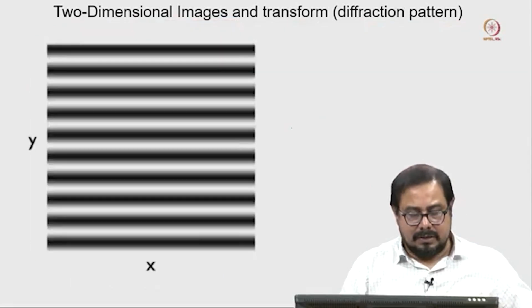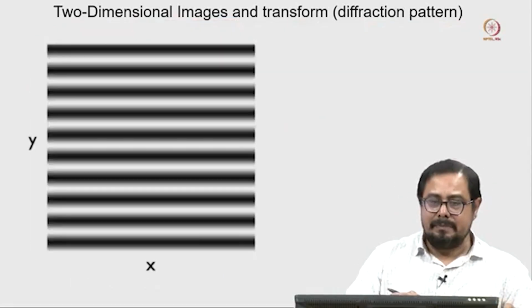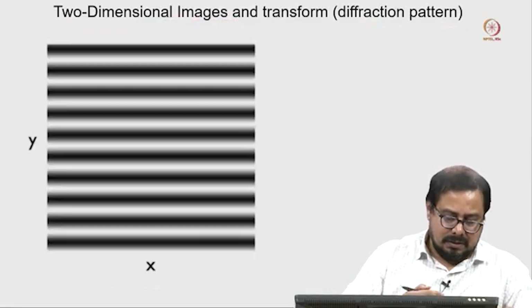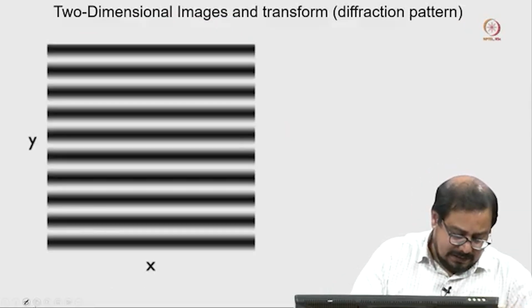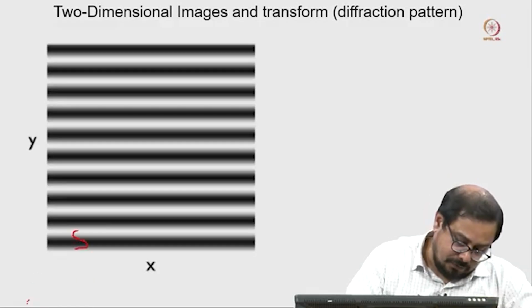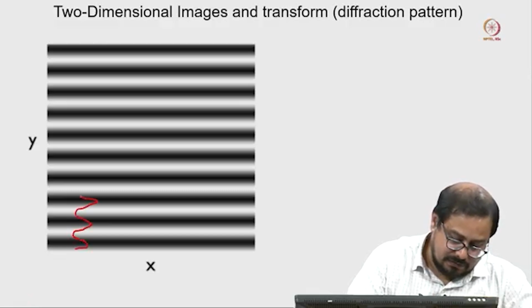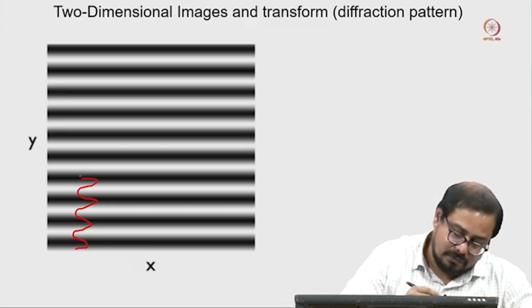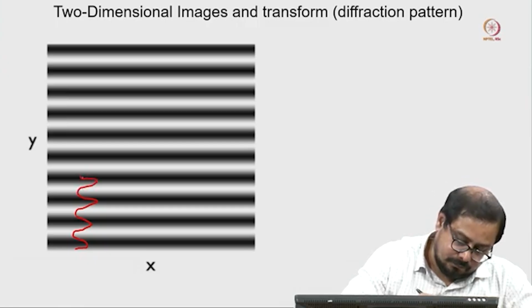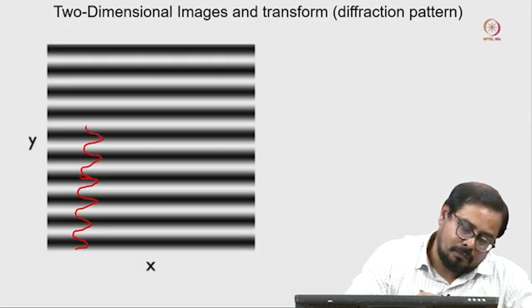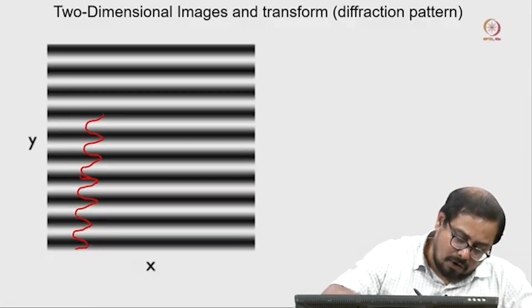What about the next one? Now this is the same, but in the y direction. If we remember, in the y direction this wave is going. If I want to draw this, it will go like that.